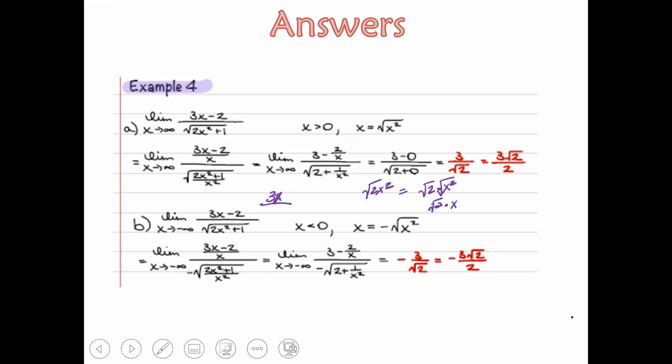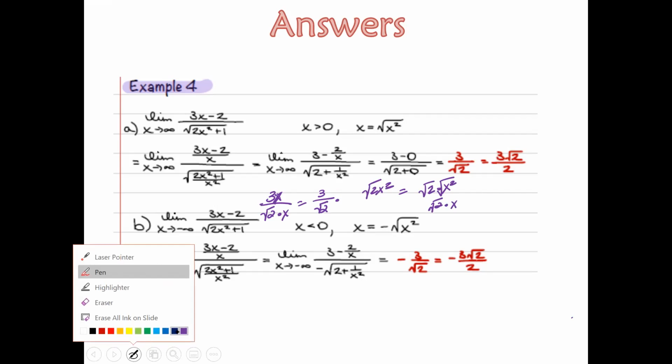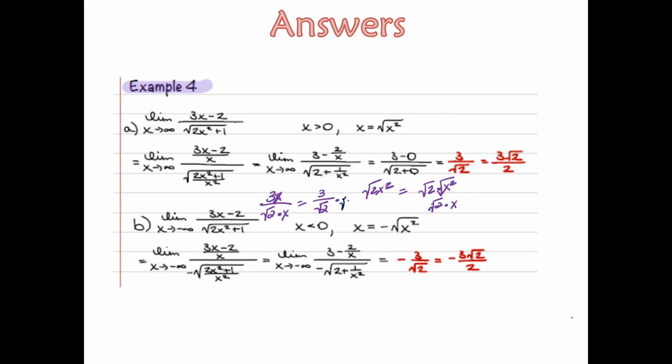So then you have a square root of 2 times x, which will give you a 3 over square root of 2. Remember, the rules of algebra is that you don't want to have a square root in the denominator, so multiply by a square root of 2 on the top and bottom. And square root of 2 times square root of 2 is just going to be a 2. Then 3 square root of 2 remains in the numerator, which is exactly what you have here. But you have a negative because it's a negative infinity.